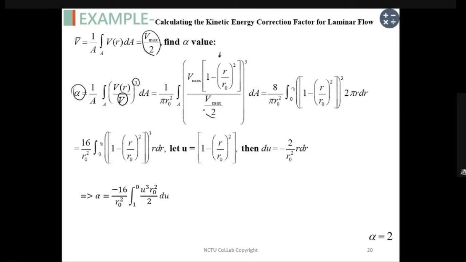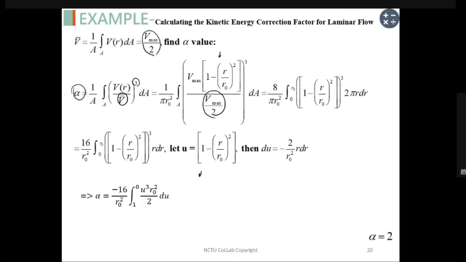So we already know the velocity function here, and we know the mean flow velocity, so we replace the mean velocity by these numbers, then summarize and reorganize the equations. Finally, we have equation 10, like the equation showing here.